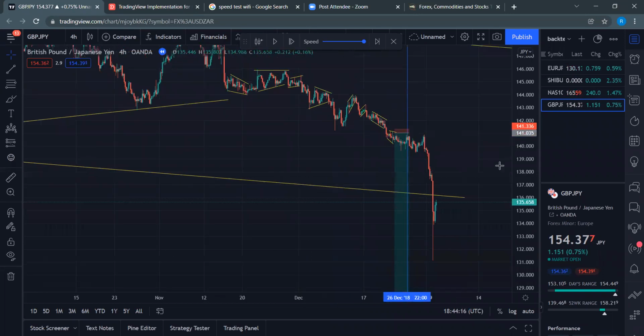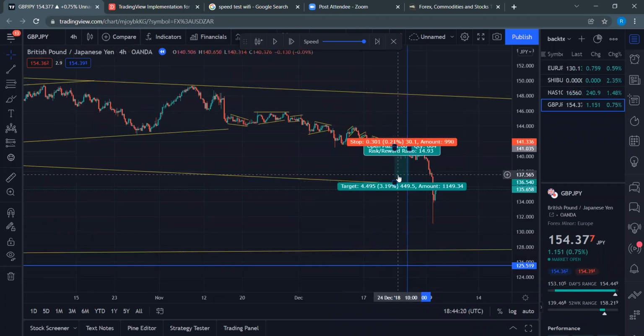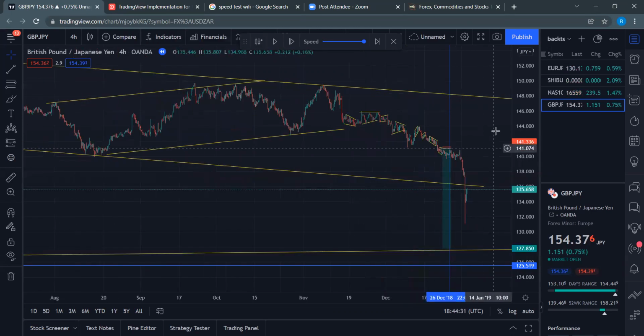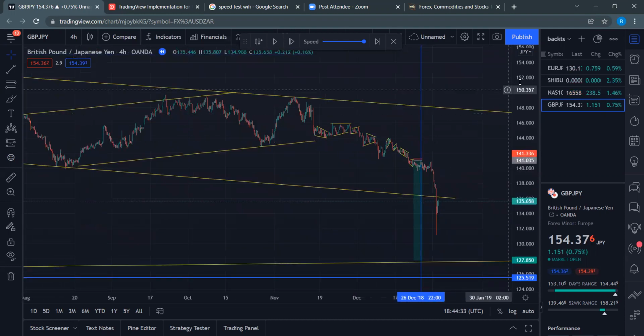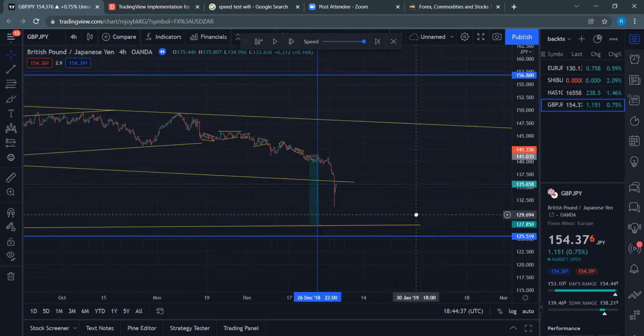Your first take profit, like I said, is here. That was your first take profit, 14.93 risk to reward. And then this was your second take profit, which the market didn't really get to, but it pushed out.